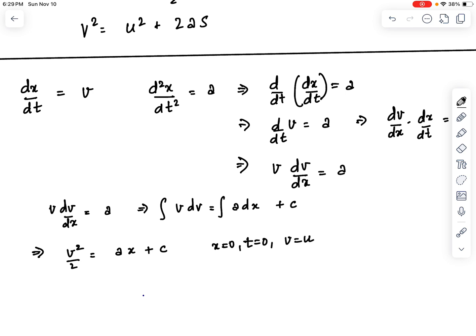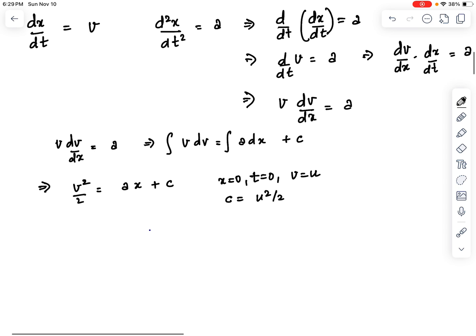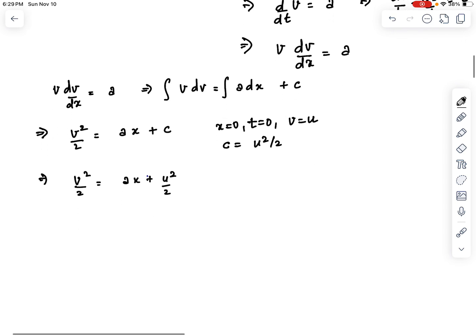Okay, so we end up with a constant term equal to u square divided by 2. So we plug that constant term into this equation. So we get v square divided by 2 equals a times x plus u square divided by 2. We multiply by 2 on both sides.